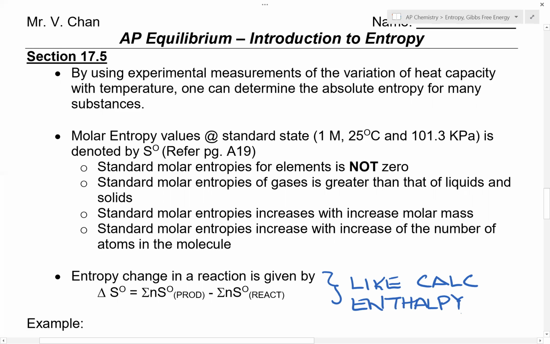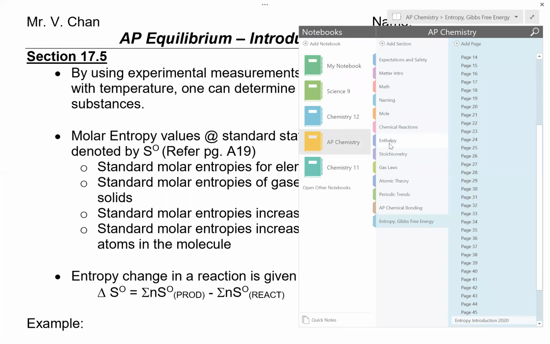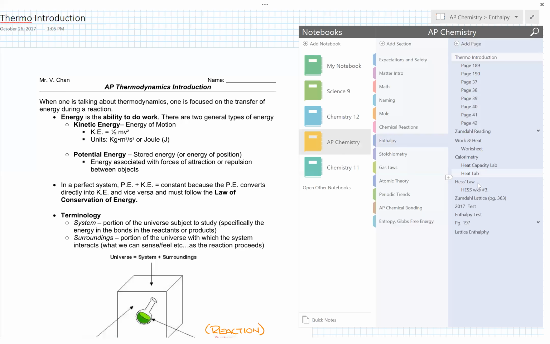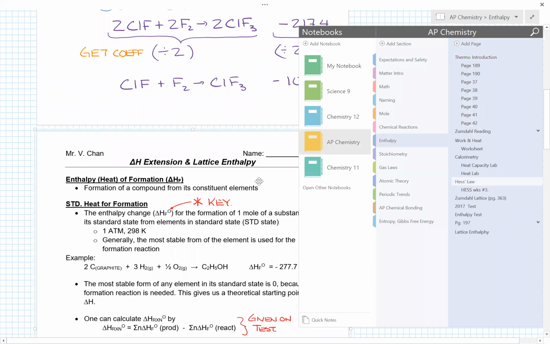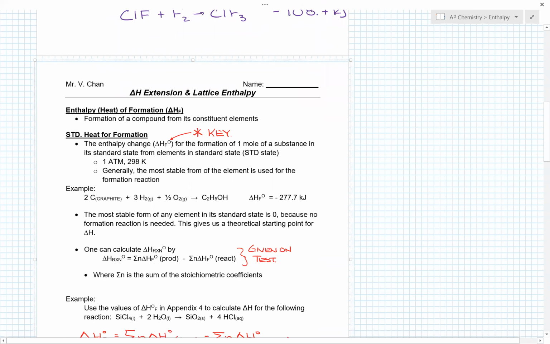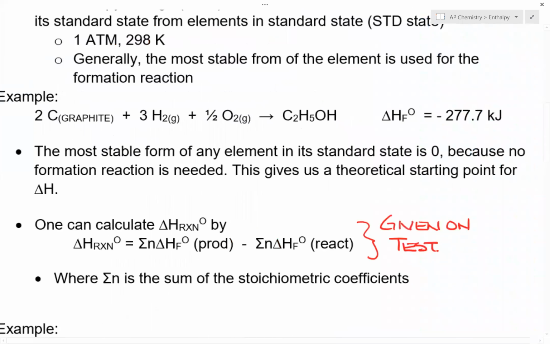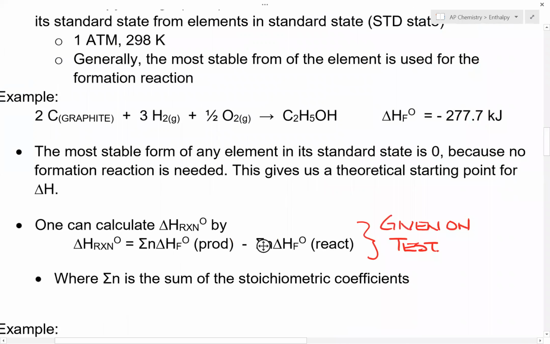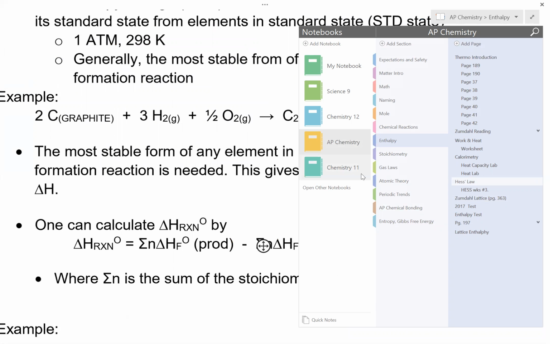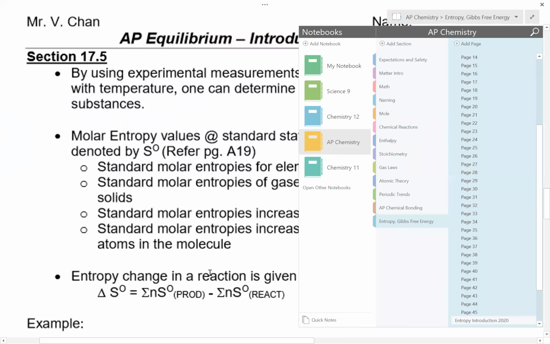For those of you who are in Chem 11 honors, you will remember when we did enthalpy, we had Hess's law and the delta H of a reaction. This is very similar, and again, it will be given to you on your test.